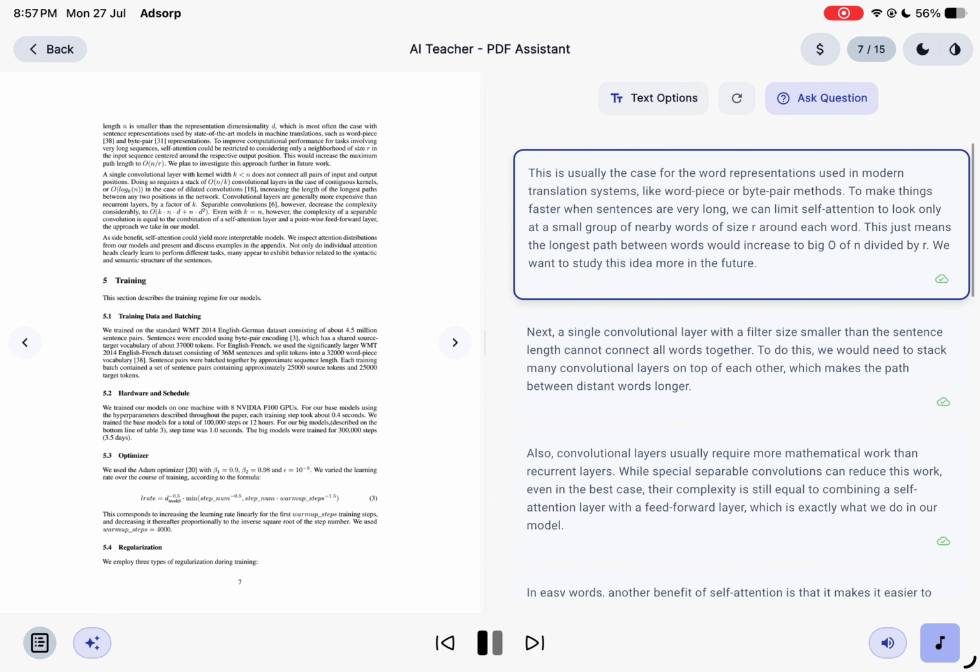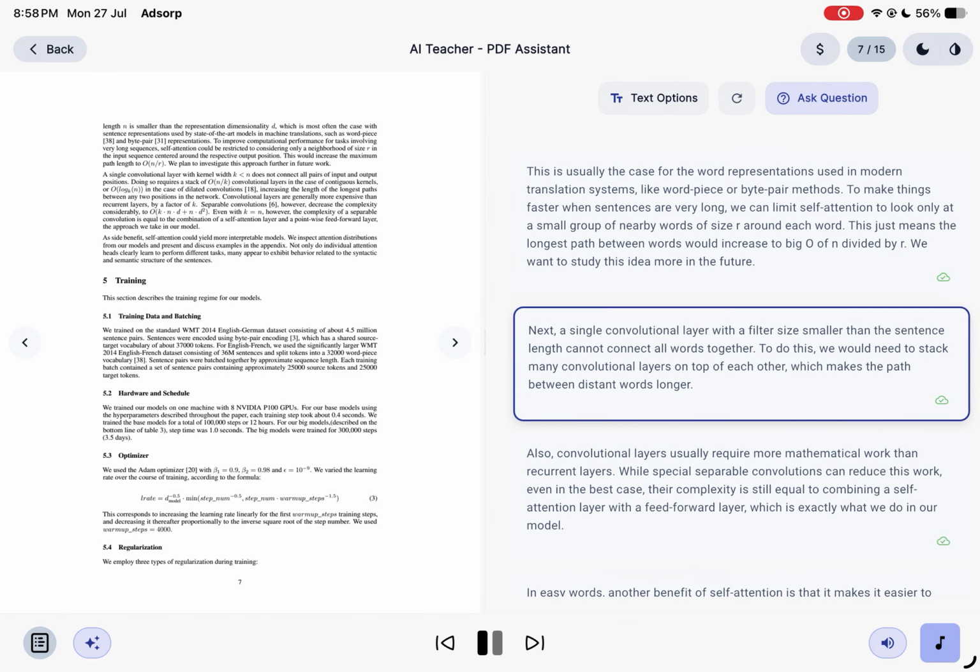This is usually the case for the word representations used in modern translation systems, like word piece or byte pair methods. To make things faster when sentences are very long, we can limit self-attention to look only at a small group of nearby words of size r around each word. This just means the longest path between words would increase to big O of m divided by r. We want to study this idea more in the future.